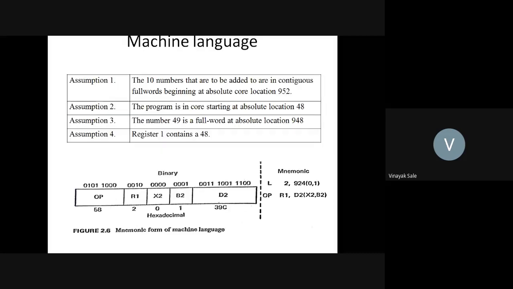Then there are assumptions in the previous program. Suppose we want to add 49 into 10 contiguous memory locations. So there are a number of assumptions. Out of them, the first assumption is that the 10 numbers should be added in contiguous memory locations, full words, beginning at absolute core location 952.